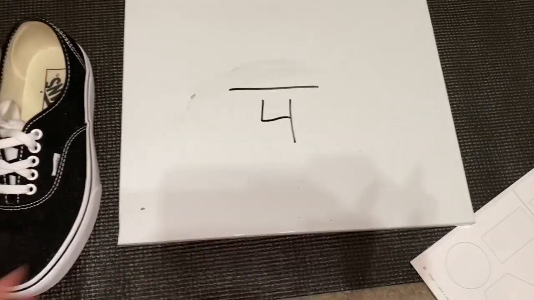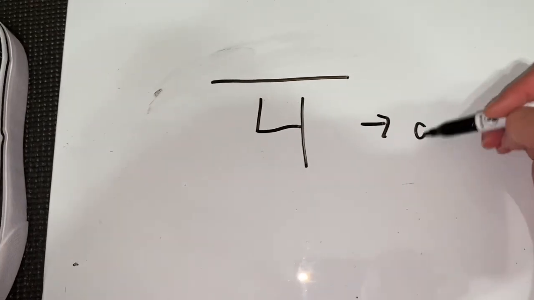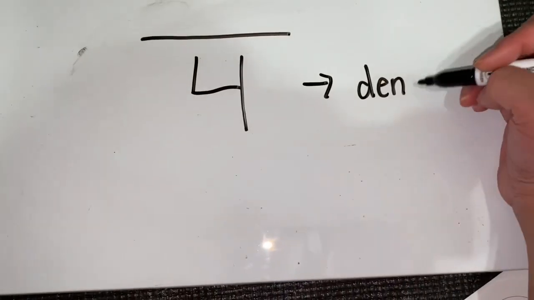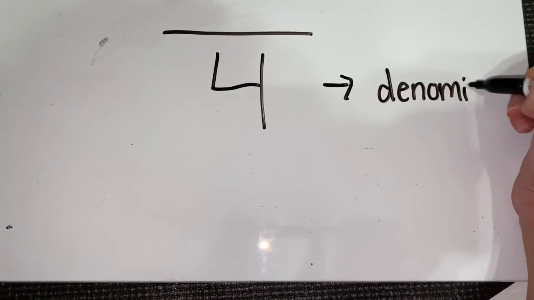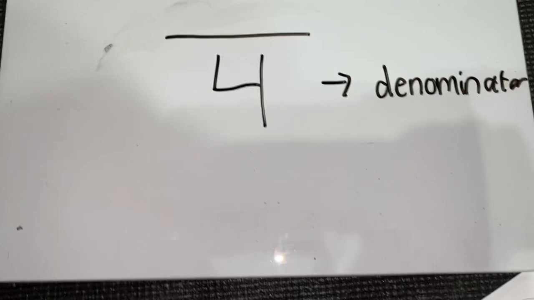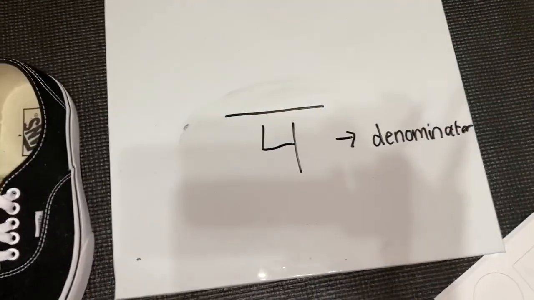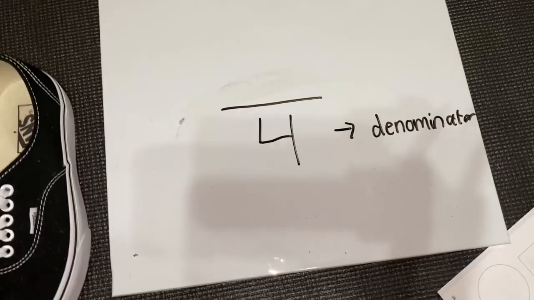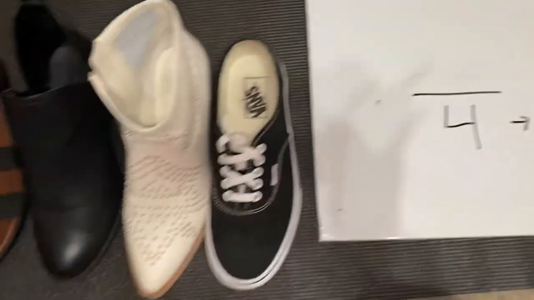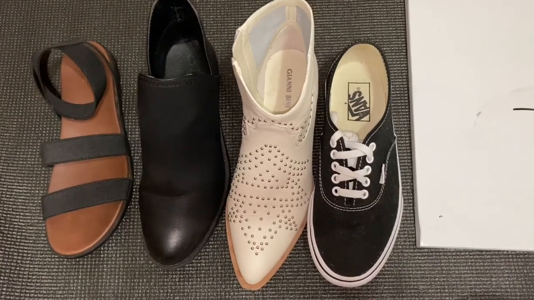So it's 4. Now, this bottom number is also called a denominator. And I'm going to write that right here. So that is another name for that number that's on the bottom. Now, on the top, we're going to write how many shoes have white. Now, as we reviewed earlier, only 2 out of 4 shoes have white.